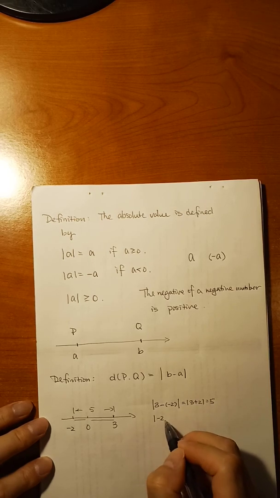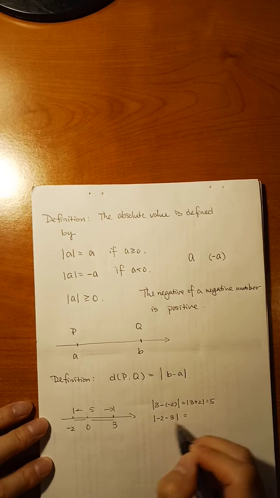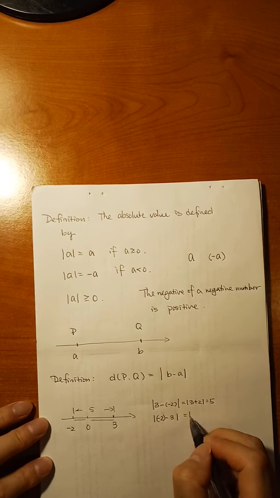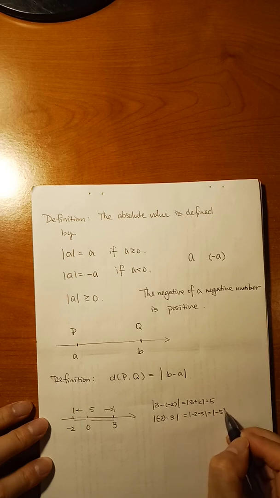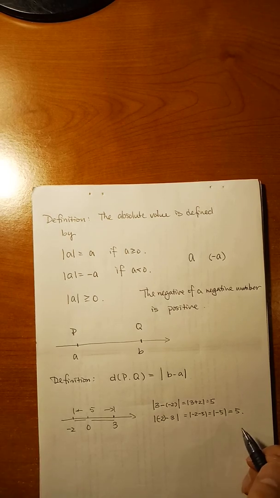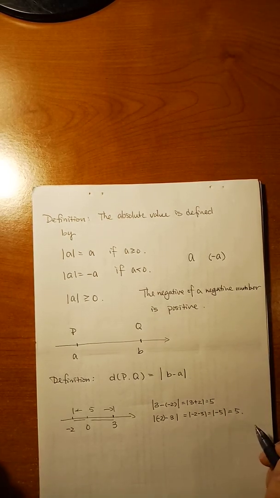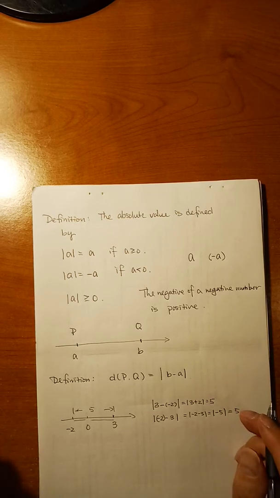Or if you have negative 2 minus 3, that is negative 5. But the absolute value of negative 5 is positive 5. Just get the positive counterpart. It doesn't matter which order you put, it's always a difference.